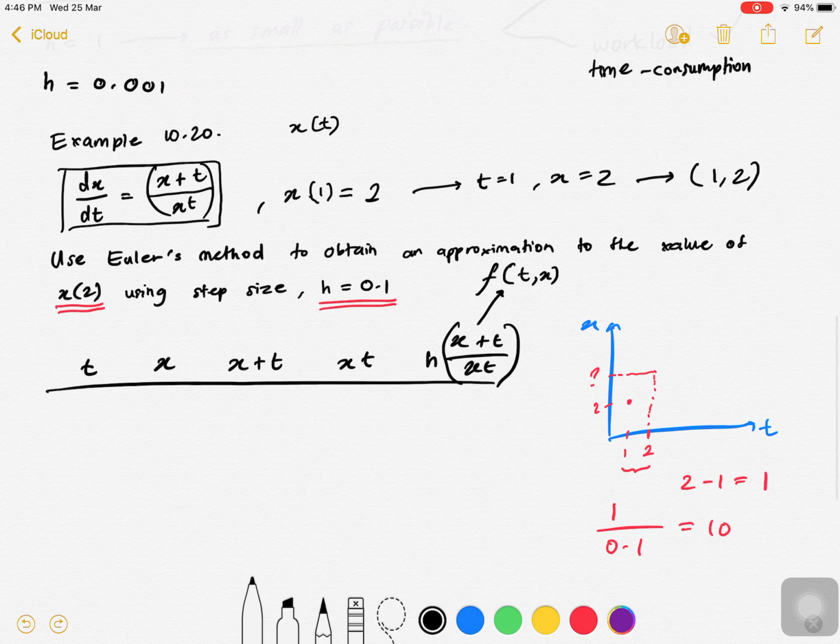This is just to simplify our calculation. Actually, we don't have to do this. We just need to find this term only.